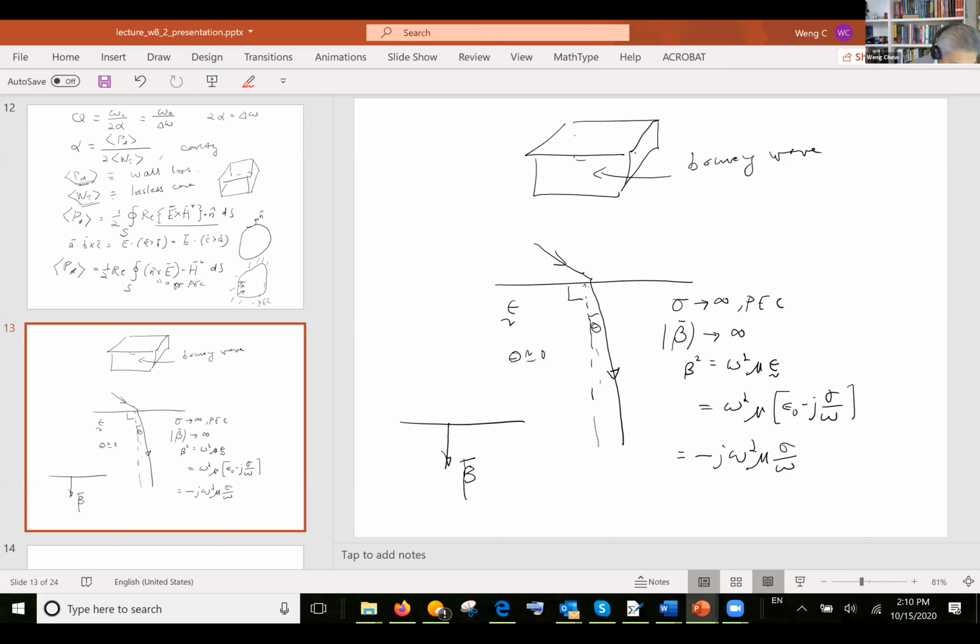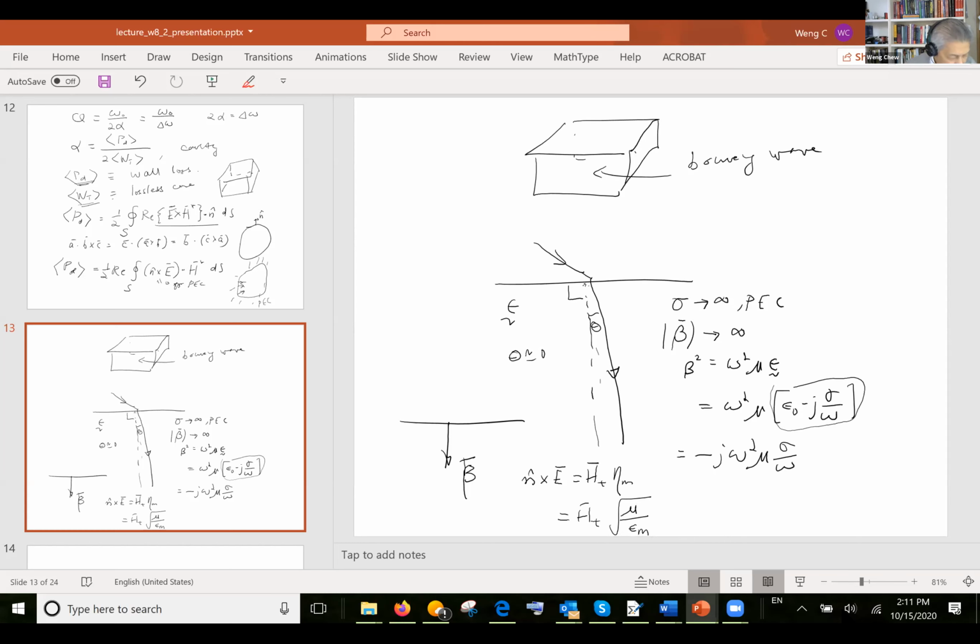In that case, you can say that n cross E is related to H tangential by the intrinsic impedance, the eta of the metal, which is the square root of mu over epsilon of the metal. And as I say, the epsilon of the metal is becoming something very, very large.